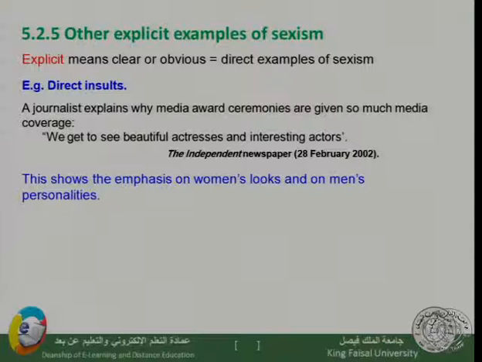This shows the emphasis on how women look, and on men's personality. So this is again a clear sexist way of representing women, where the interest is in their looks rather than in their personalities.